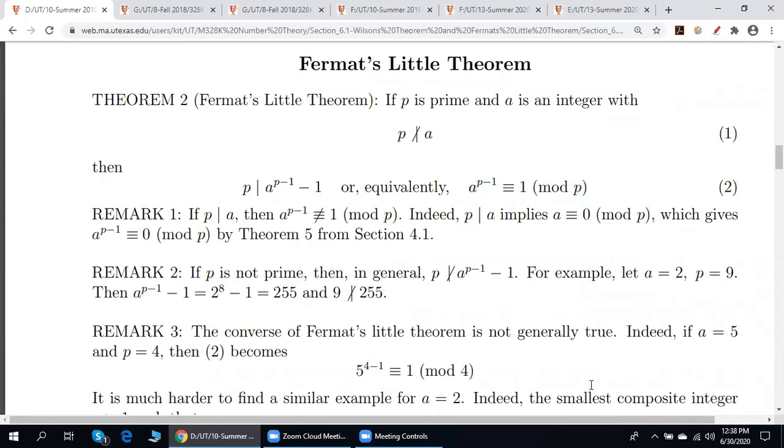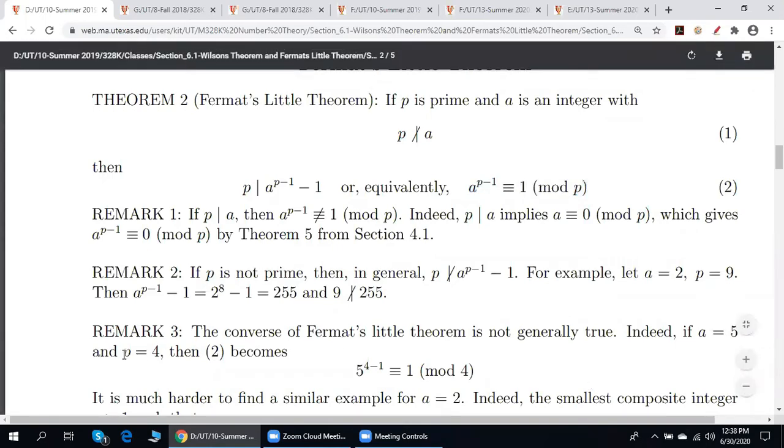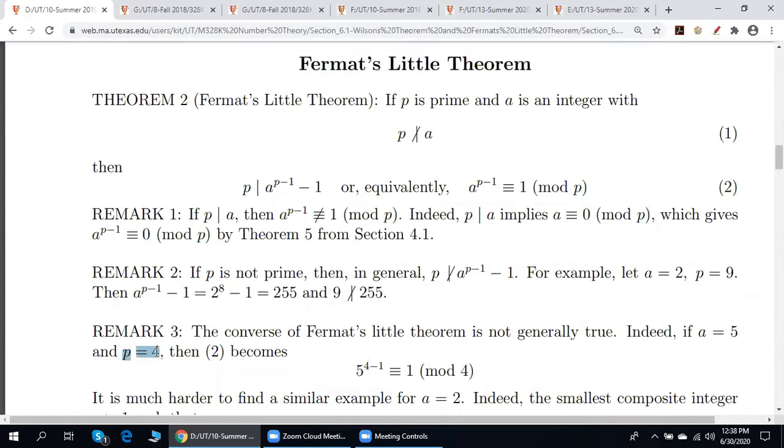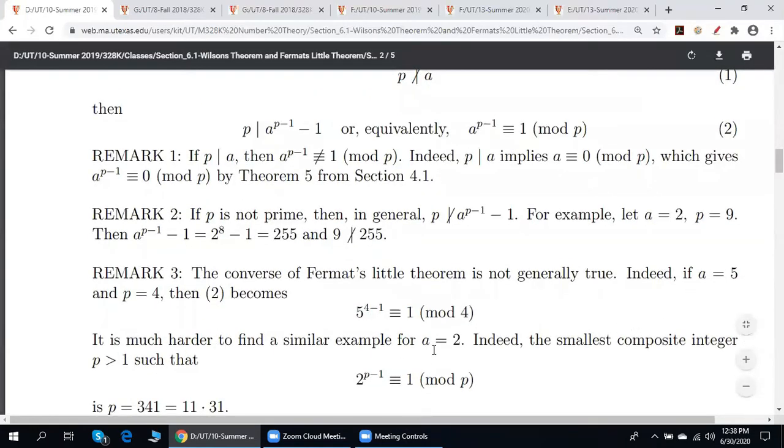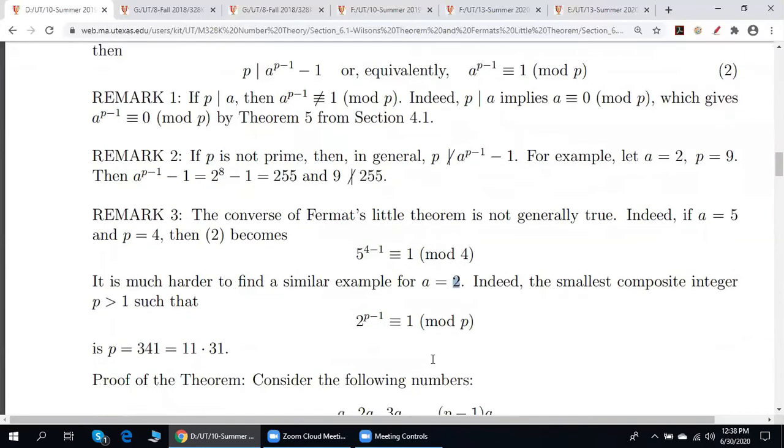Here is an example. Note that 4 is not a prime number. Nevertheless, 5 to the 4 minus 1 is congruent to 1 modulo 4. By the way, if a is equal to 2, it's significantly harder to find such an example.